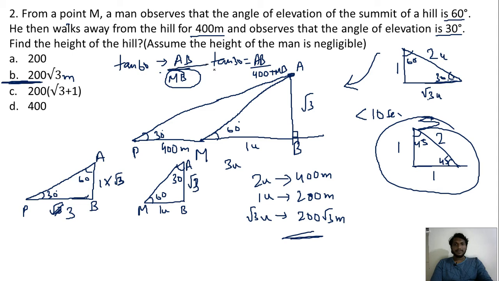This method will be longer because you have to equate the value of MB and then again solve for AB, but in this method you will find the value of AB straight away. Here the answer is 200 root 3. Next question.